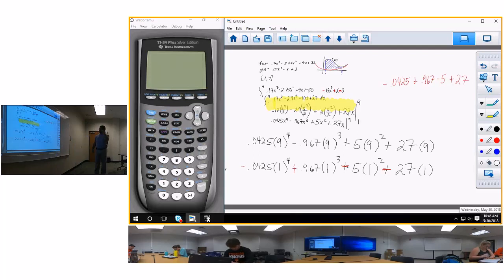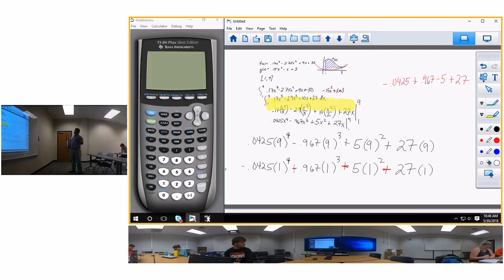What do you get when you do the bottom part? 4 cents plus, that'd be 92 cents. 92 cents minus 5 is 4.08, whatever. 4.08 plus 27. No, it's going to be minus 4. I have no idea what it is. 22.9. I'm sorry, what? 22.925.